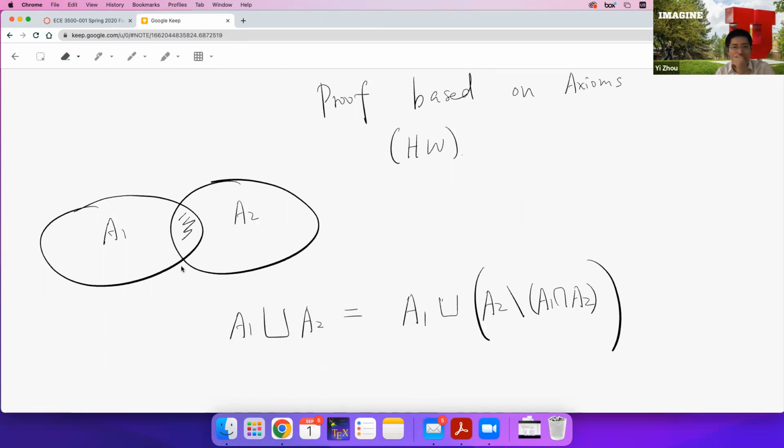So A1 is here. This circle is A1, and the union with this part, which is A2 subtracting their intersection. These two are mutually exclusive.